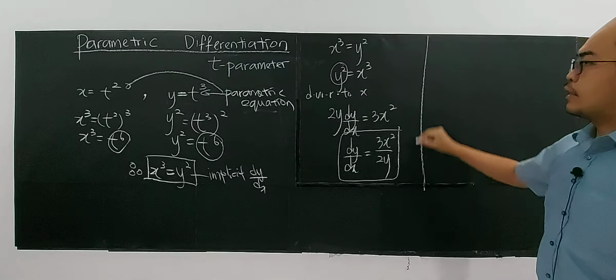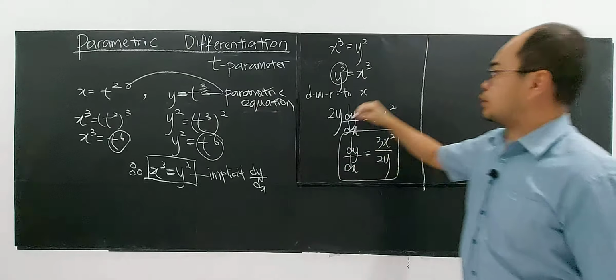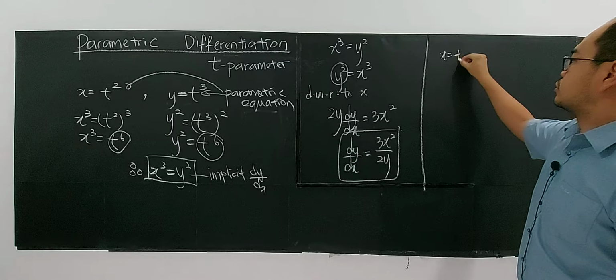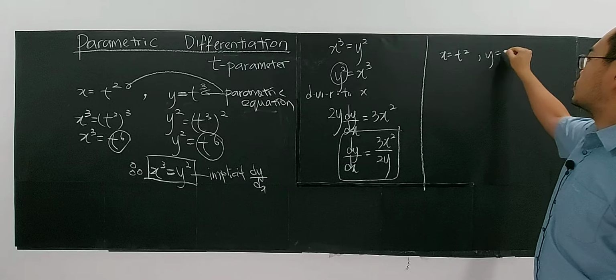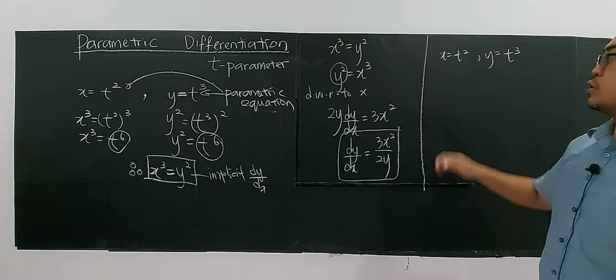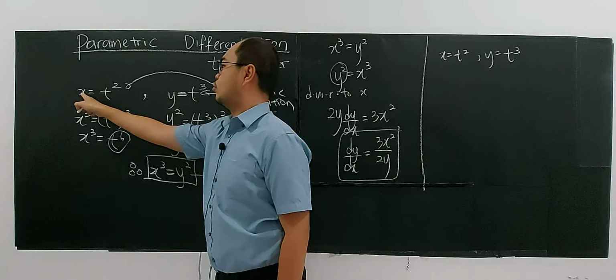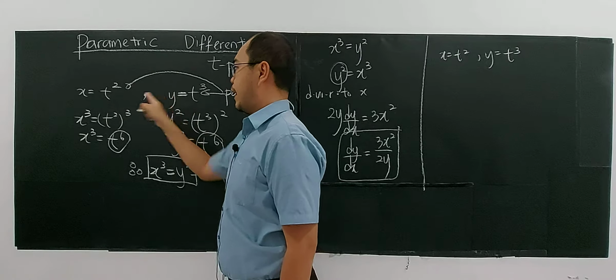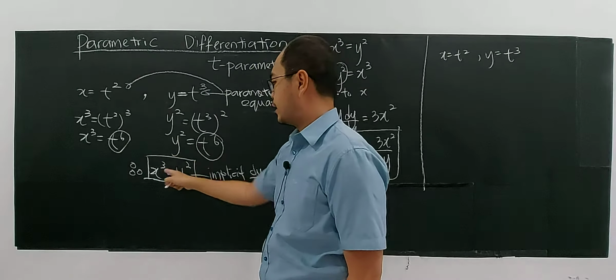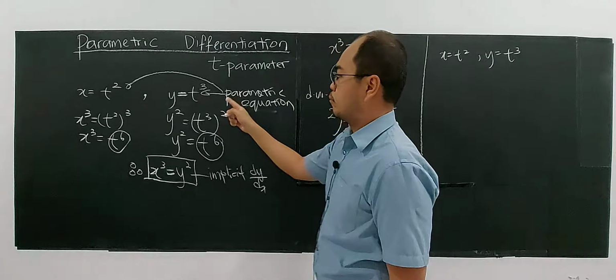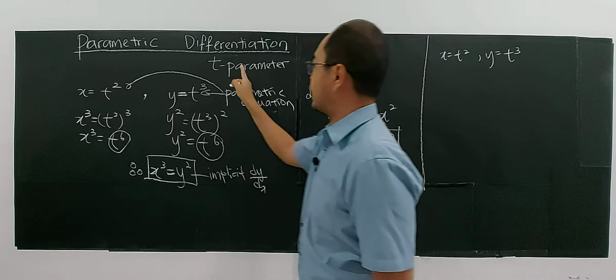Now let's say I'm using the parametric equation, x equals t squared, y equals t cubed. This is indirect, but actually you can relate these two by modifying something and get the relation between x and y. The third variable is a parameter.